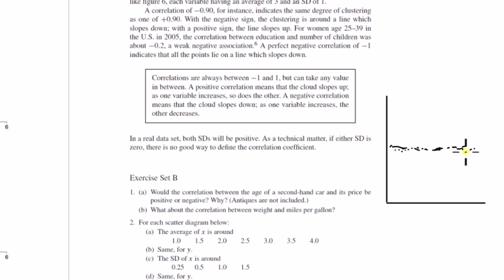You can't really say that. If the standard deviation in the vertical direction was 0, that literally means the data points have to be on some horizontal line somewhere. They can be spread out horizontally, but there's no spread vertically. So does that mean the correlation coefficient is perfect? I guess you can't really say that. So there's no real way to define a correlation coefficient if either of the standard deviations, horizontal or vertical, is 0.